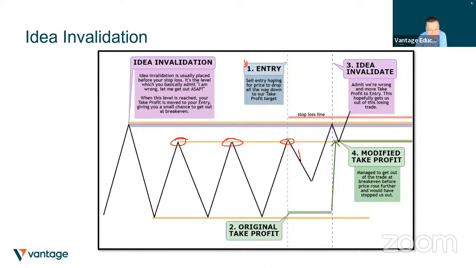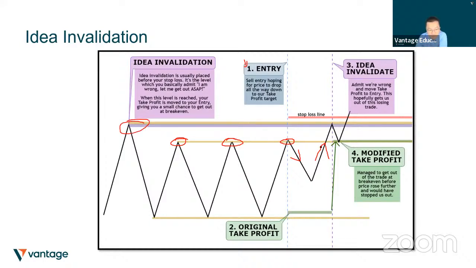As price turns down, you've got your take profit towards the downside, just before that near-term support level. And the next thing you see is it bounces back up, breaks above your near-term resistance level, and comes very close to your stop loss, as it's being protected by that next resistance level.